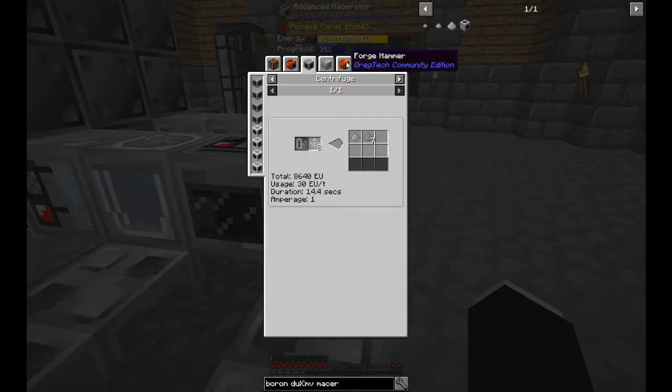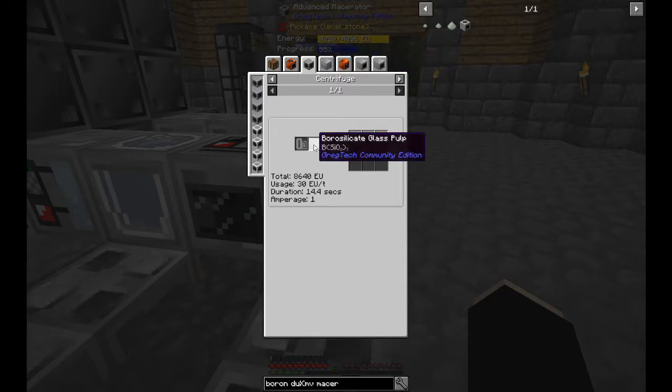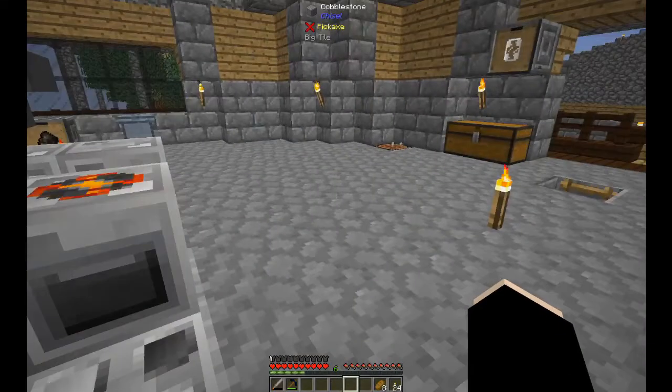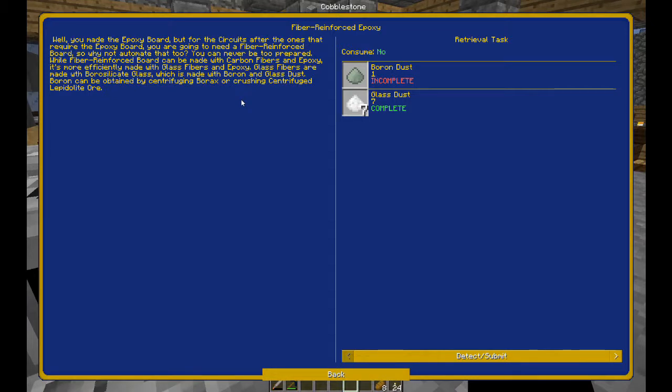So, centrifuging. I'm sorry, Pixel, but this is rather useless. I mean, I'm doing medium voltage. I don't have a high voltage machine.